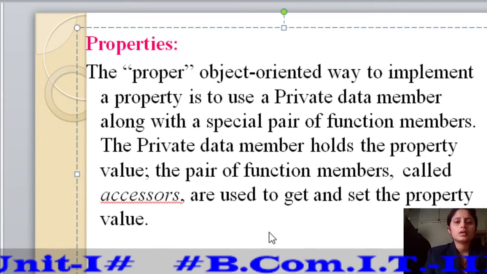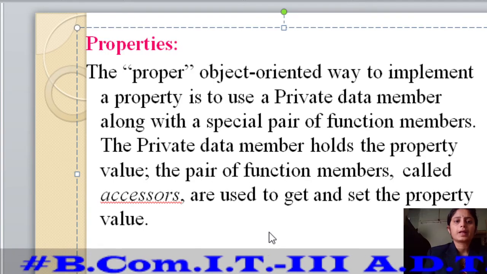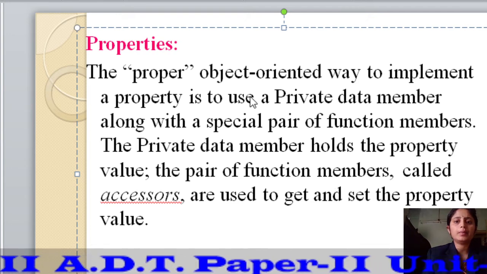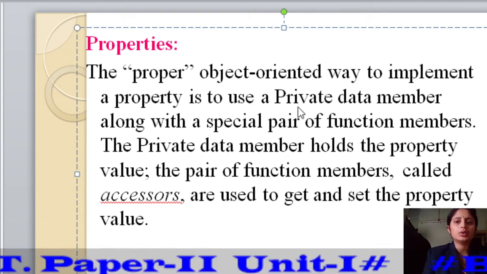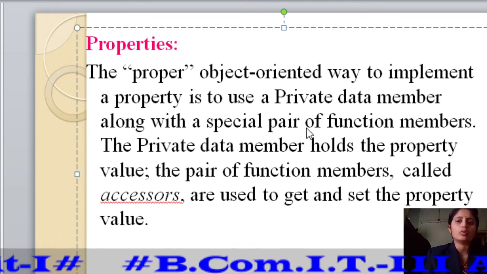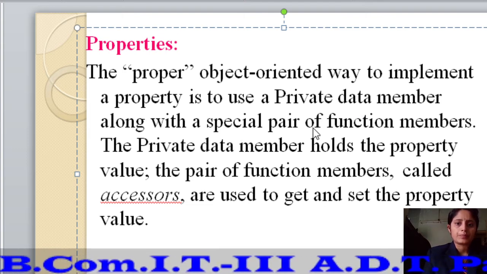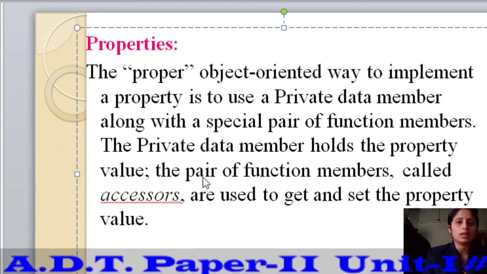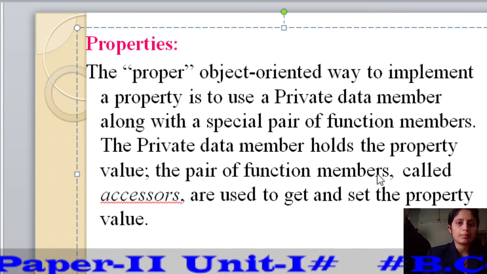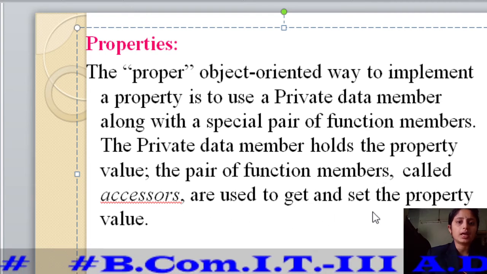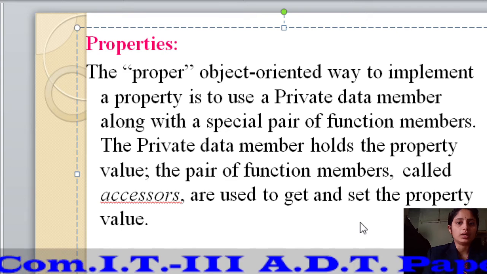The next point is properties. The proper object-oriented way to implement a property is to use a private data member along with a special pair of function members. The private data member holds the property value. The pair of function members, called accessors, are used to get and set the property value.